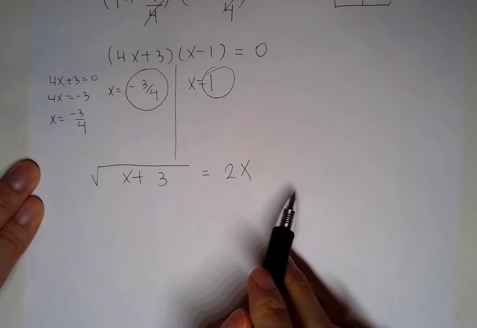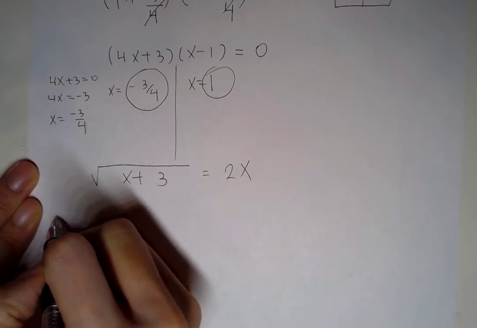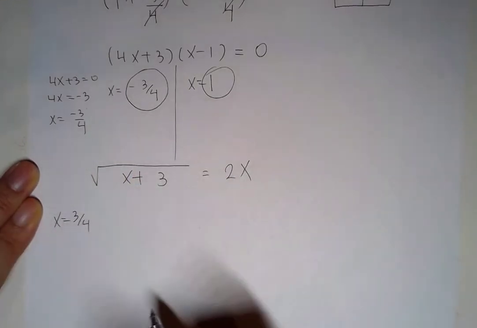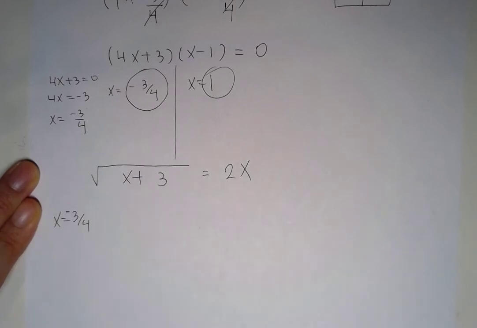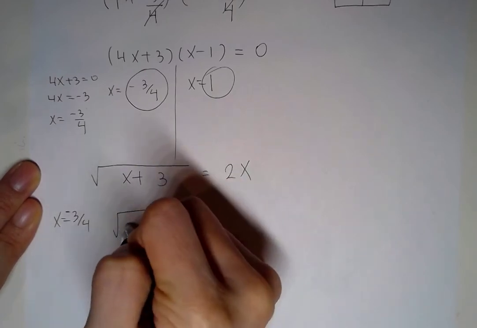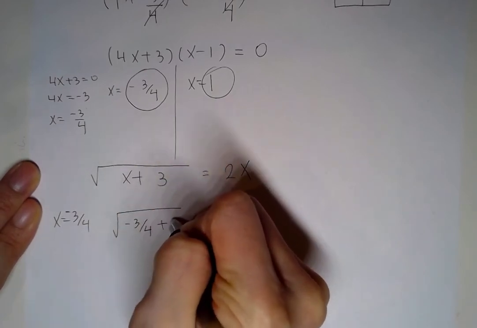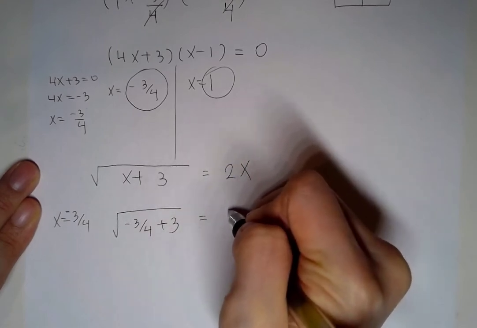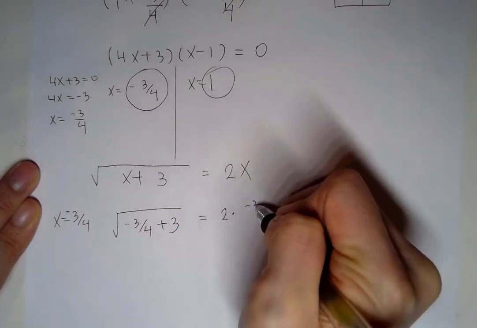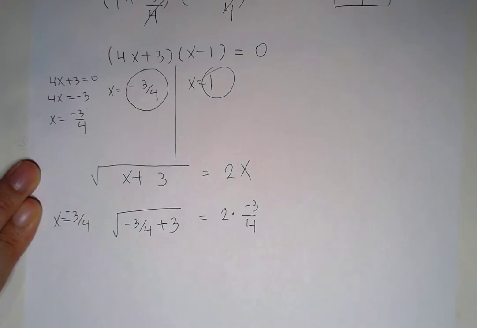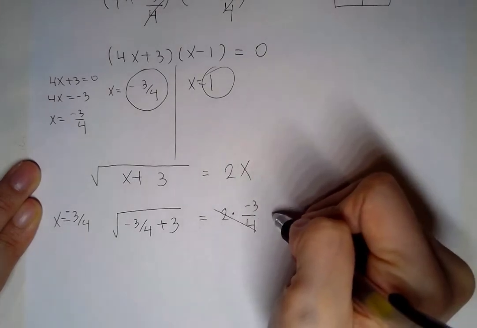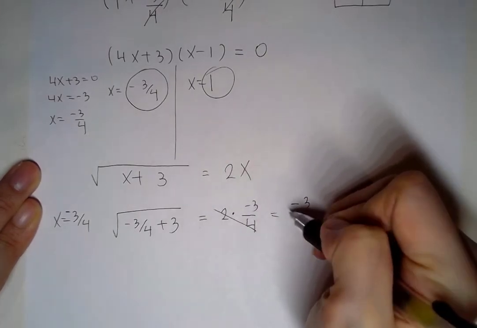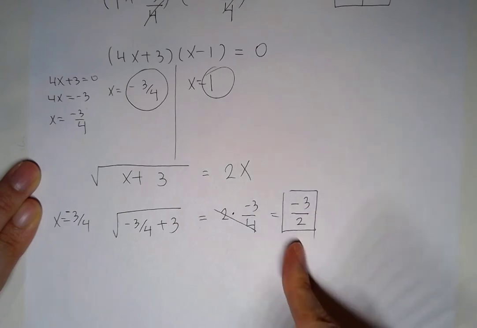That's my original equation, and now I'm gonna put in negative 3 over 4. Then you get square root of negative 3 over 4 plus 3 equals 2 times negative 3 over 4, right?